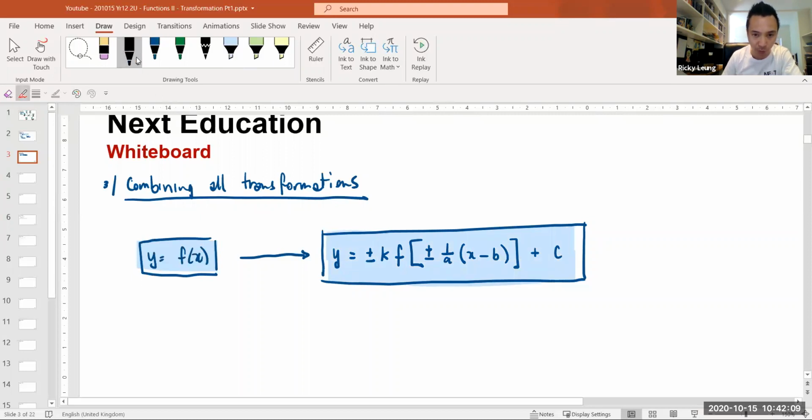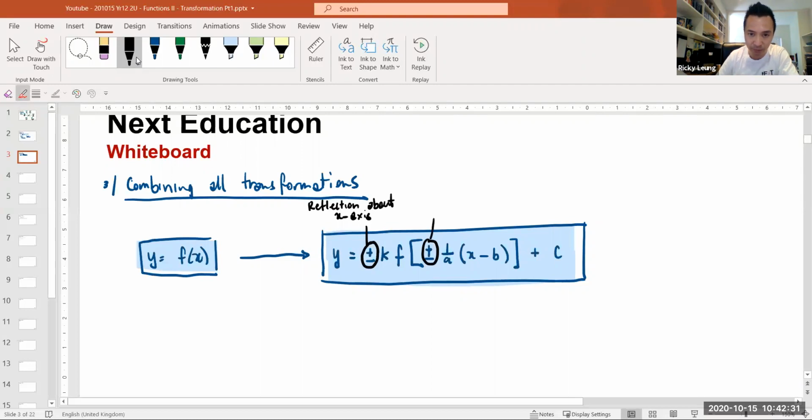Let me circle the ones first for reflection. So this one here represents reflection about the x-axis, right? Sometimes they call it vertical reflection.